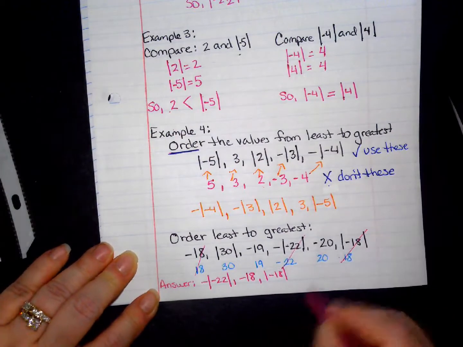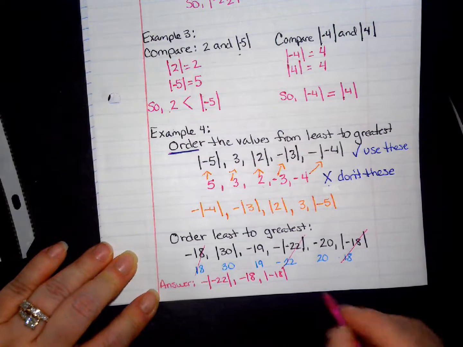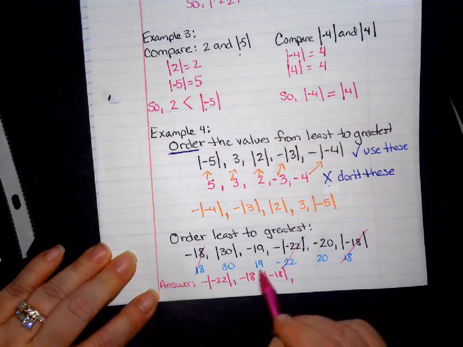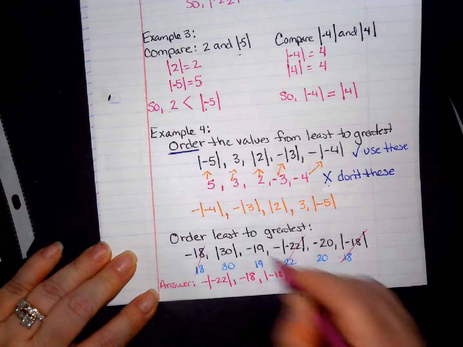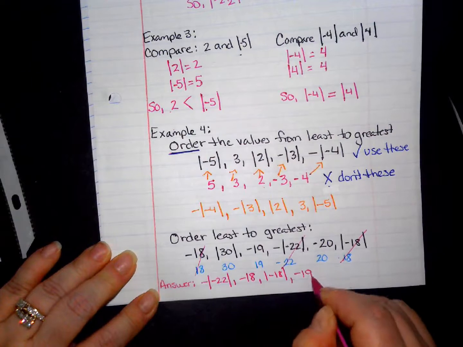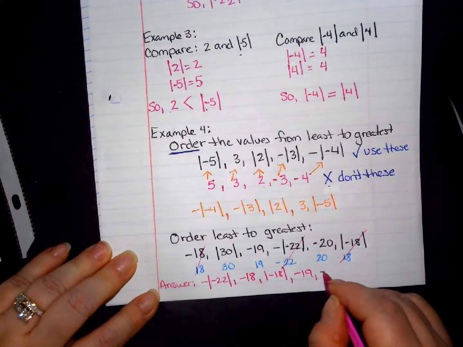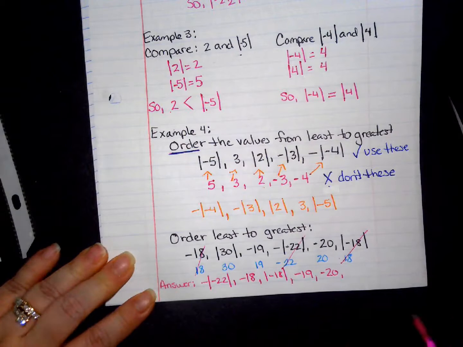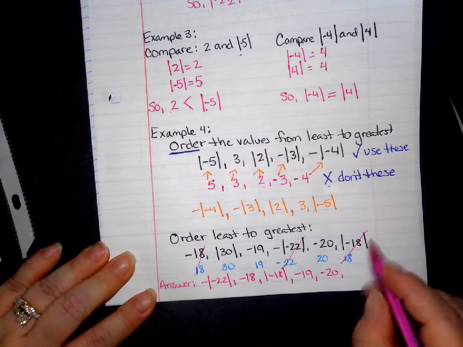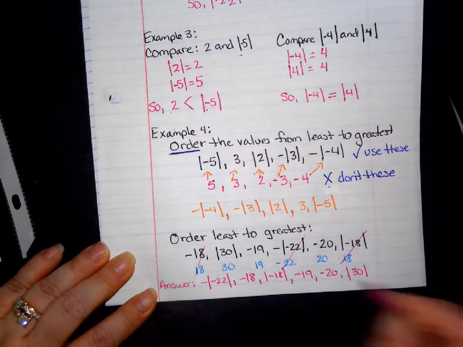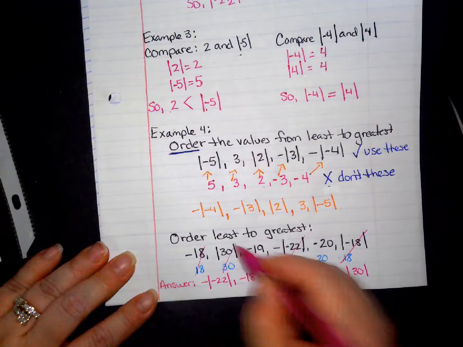Okay, after 18, I've got 19, which is -19. After 19, I've got 20, which is -20. And after that, I've got 30, which is the absolute value of 30. So notice I used these guys on the bottom to help me order, but these are the numbers that I wrote.